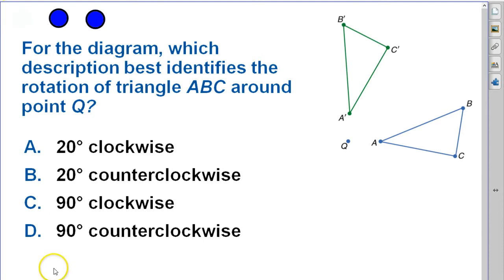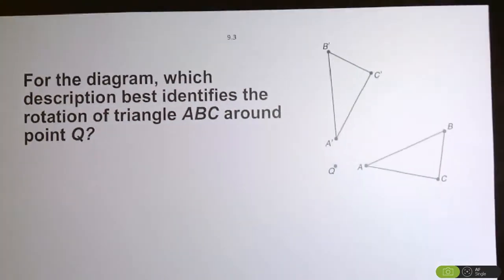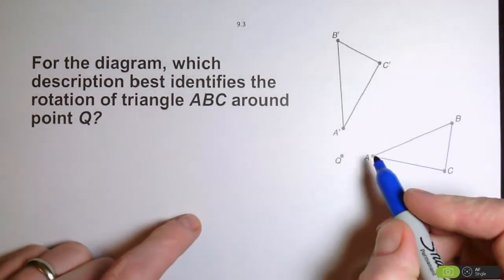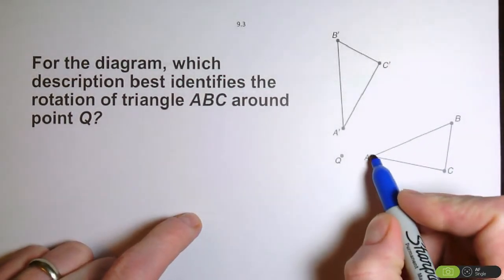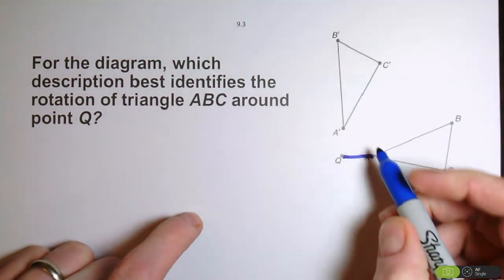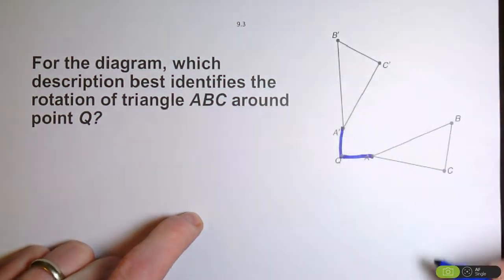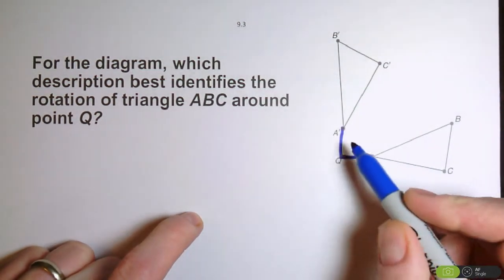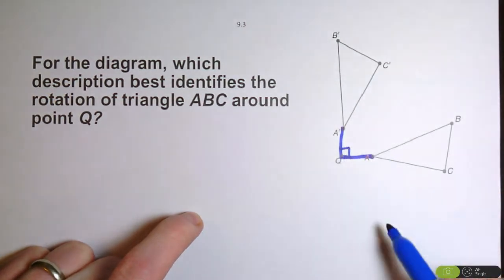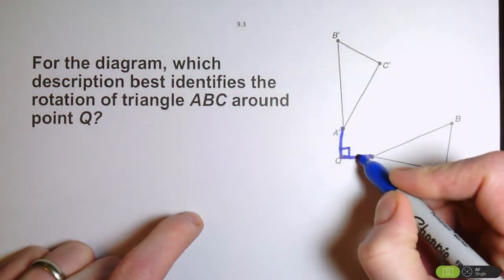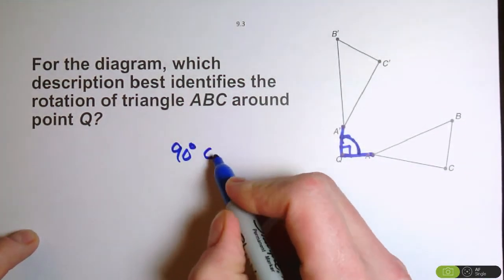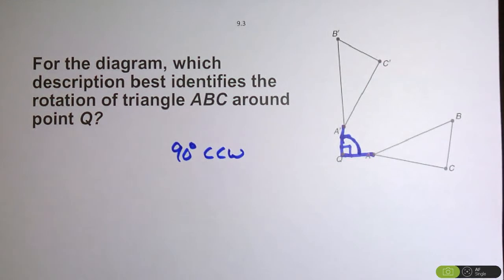When you're trying to figure out what a rotation is and how many degrees it is, you have to connect the original point to the center, and then the image point to the center as well, and figure out what angle that is. In this case, hopefully it's pretty obvious it's a right angle. And remember you have to go counterclockwise to get there. So this is 90 degrees, and the shorthand for counterclockwise is CCW. That's how it works.